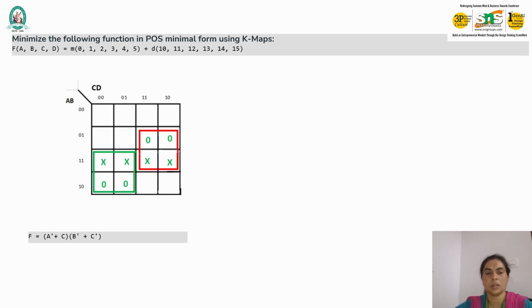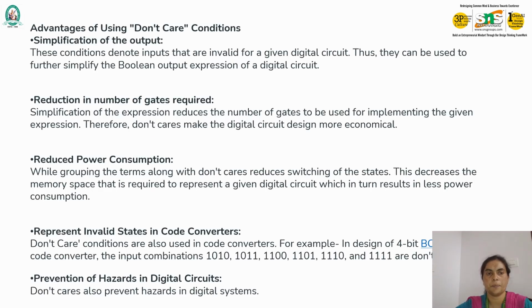In such a case, we can apply the don't care method. We can indicate X on top, near 11, and then we get the possibility of a group of 4. This is how the don't care method is applied in product of sums. Finally, we get the answer F equals (A' plus C)(B' plus C'). This is the final simplification result of the product of sums using the K-map.